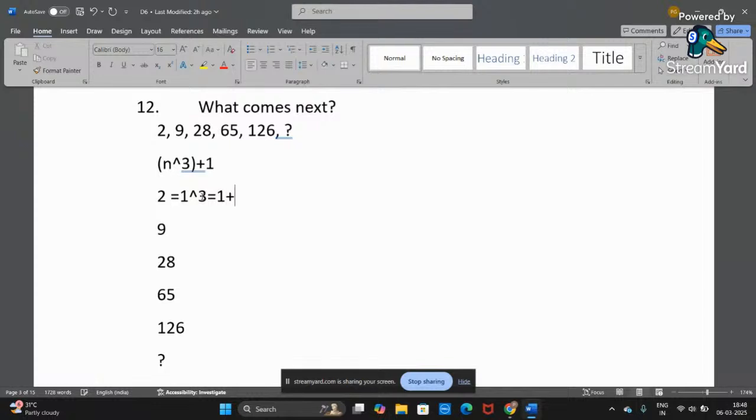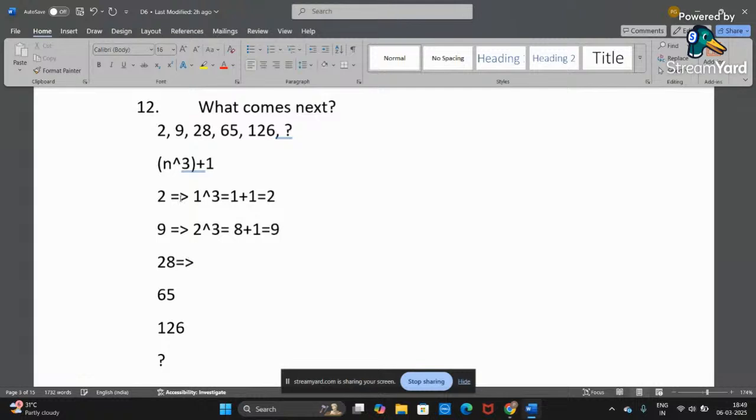For that we are adding 1, so the answer will be 2. The same way here also: 2 to the power 3 is 8, plus 1 equals 9.